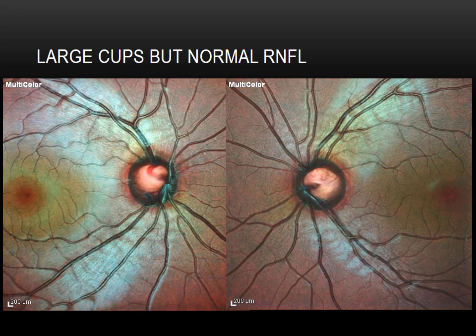Being able to visualize the nerve fiber layer in the supero and inferotemporal bundles without the presence of a nerve fiber layer loss or defect gives us tremendous confidence in being able to say that this is a normal and healthy optic nerve.